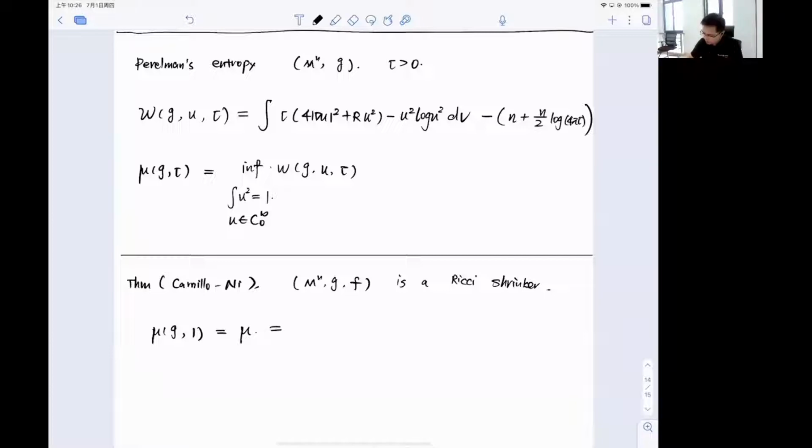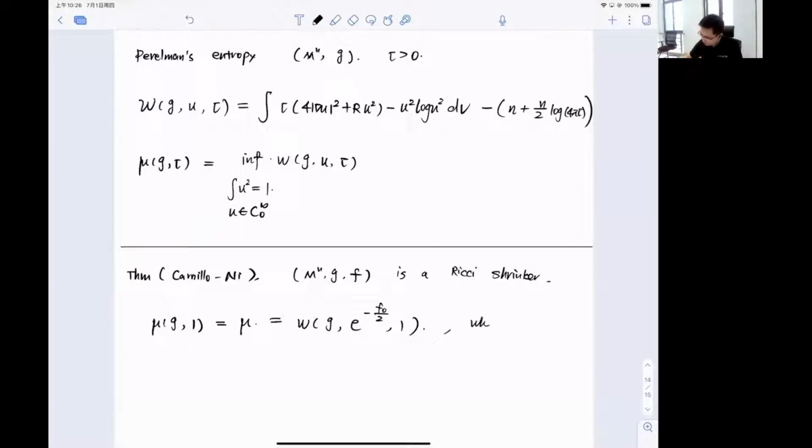Moreover, the minimizer for mu g 1 is attained by a special function, that is, W g e to the negative f0 over 2, 1. Here, the function f0 is defined by the potential function f plus mu, then plus n over 2 times log 4 pi.